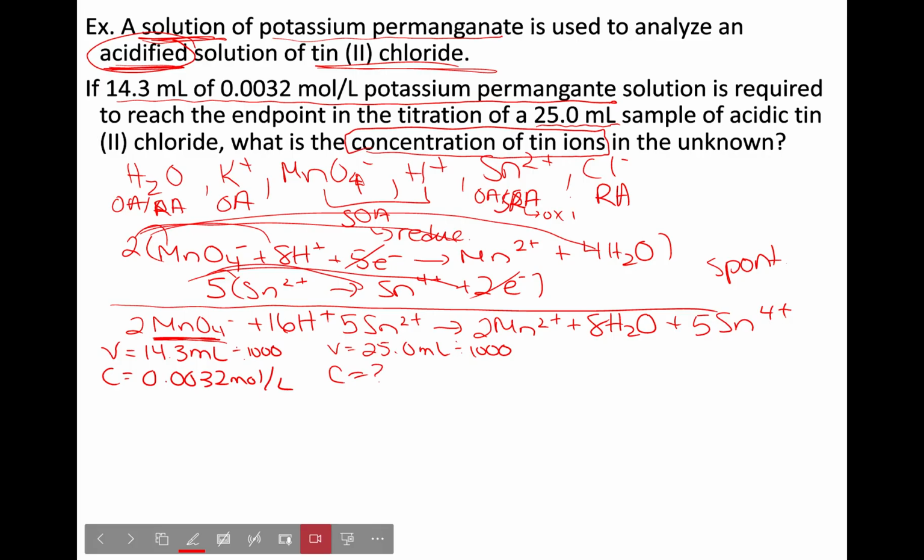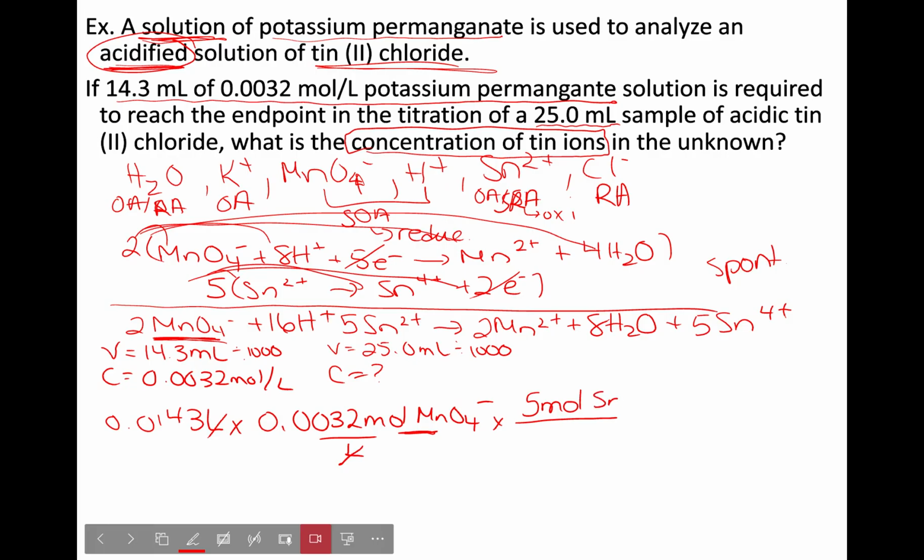So now that we have it lined up, the information about the permanganate will get you to moles. So we'll set that up. 0.0143 liters times 0.0032 moles per liter. And that's of the MnO4. We'll get liters to cancel. Now we're at moles of our known, so we want to turn the moles of your known into moles of your unknown. So 5 moles of Sn2 positive over 2 moles of MnO4 negative.